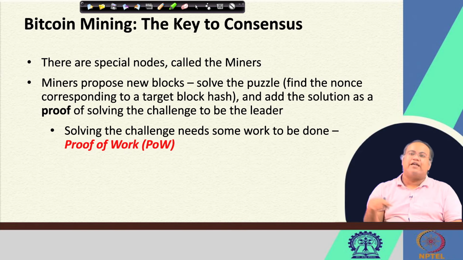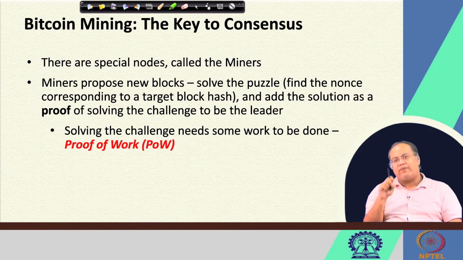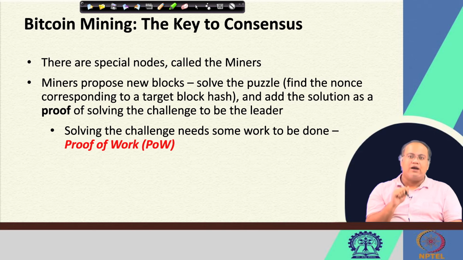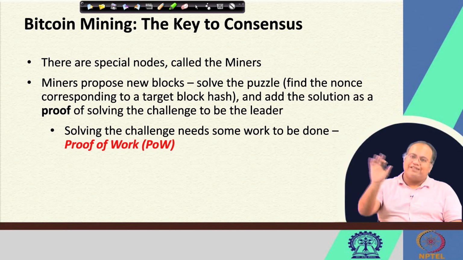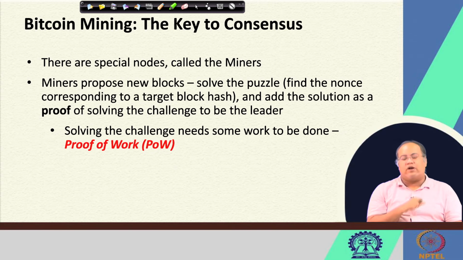The same thing gets repeated, and as I mentioned earlier, one of the interesting properties of this hash based puzzle solving is that there is no deterministic algorithm. Everyone needs to try randomly. When everyone is trying randomly, it is very likely that in round 1 one person wins, in round 2 a second person wins, in round 3 a third person wins, and so on.